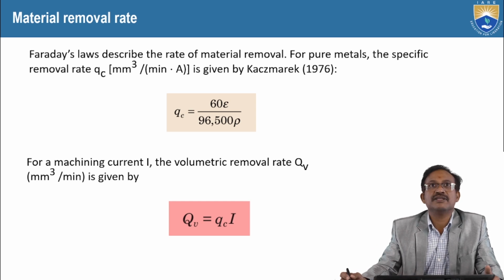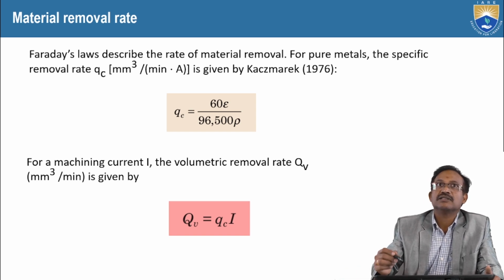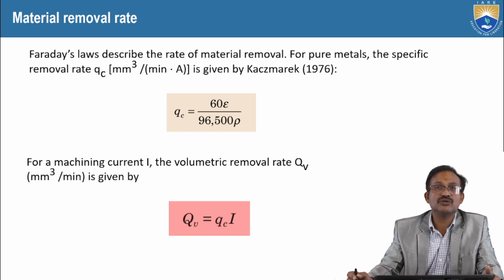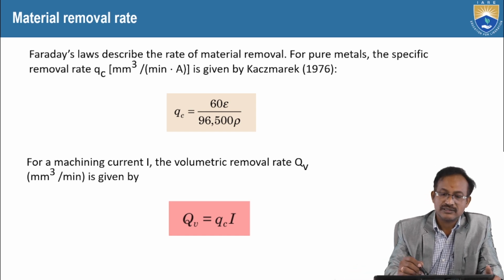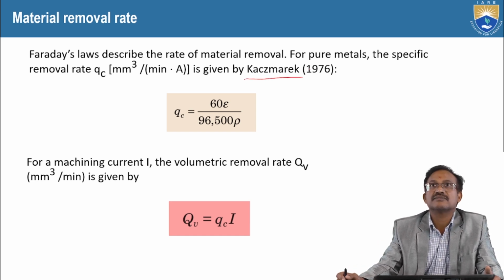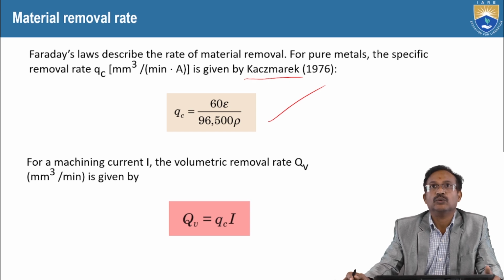Material removal rate. Faraday's laws describe the rate of material removal for pure metals. The specific removal rate QC is given by the scientist Kaczmarek, that is 60 zeta by 96,500 rho.